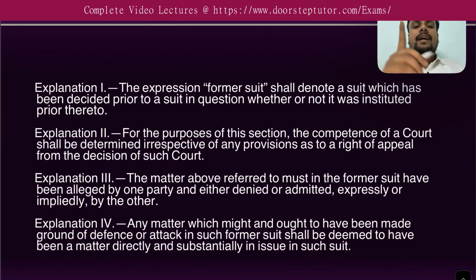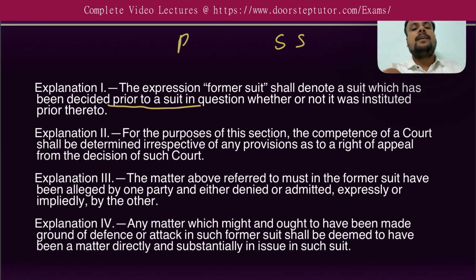Under explanation 1 we have tried to define the expression former suit. Former suit will include within its ambit a suit which has been decided prior to the suit in question. So suppose this is a subsequent suit and this is a prior suit. Now, this former suit should be decided before this.